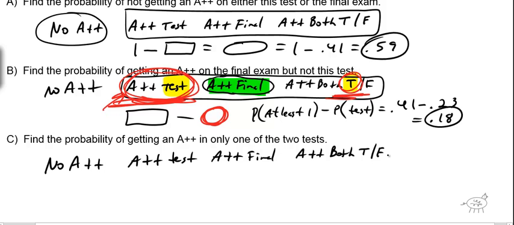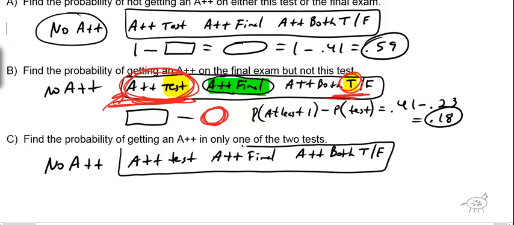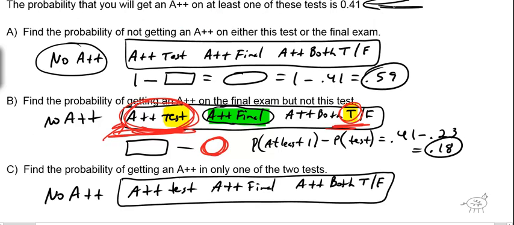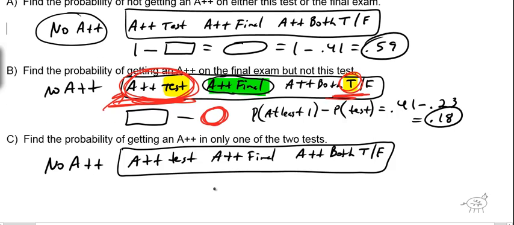Well, do you guys agree? We're kind of using this again, guys. That's this guy right here, the 0.41. So let me just write that out. That's 0.41. And I want to know the probability of getting an A++ in only one of the two tests. Only one. Which means I don't want this one.